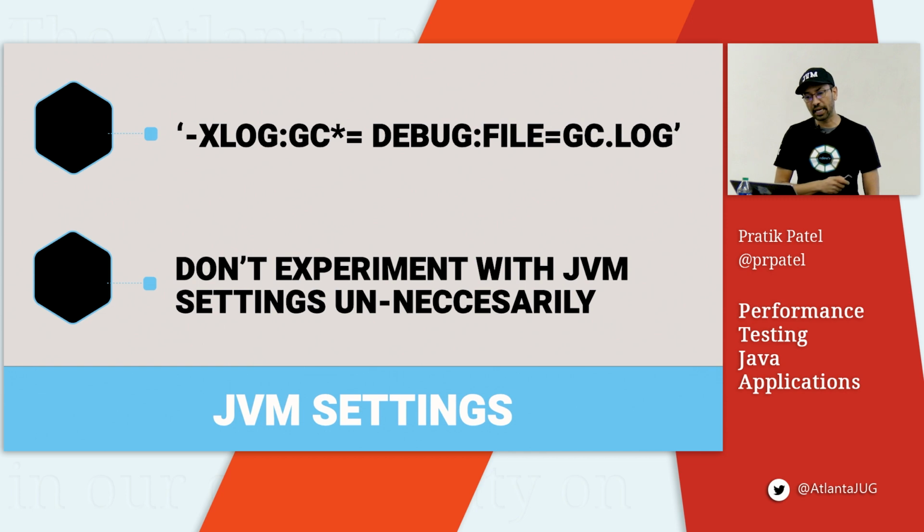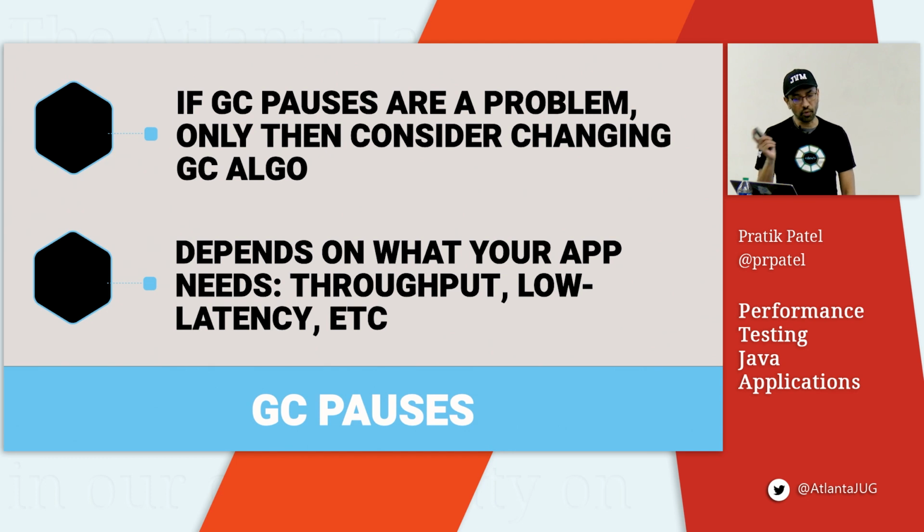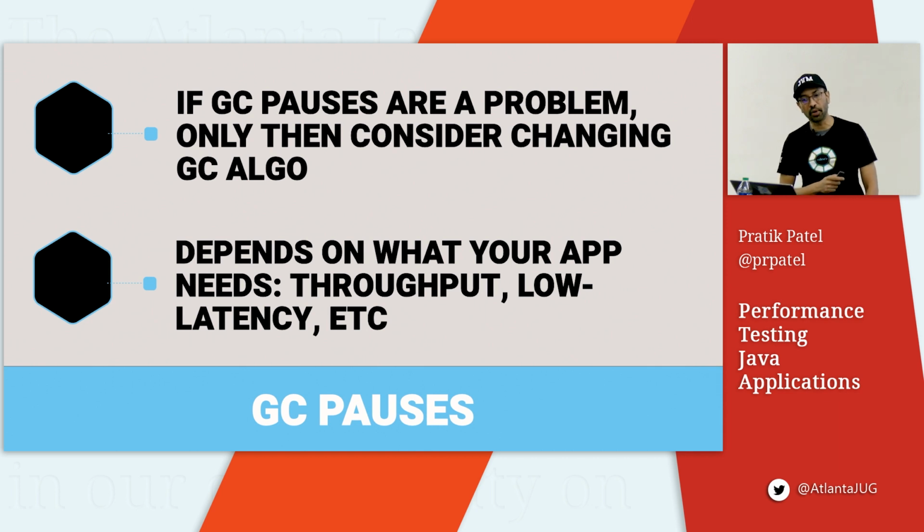We talked about how to set GC file logging, looking at perf data. We've already done most of this. We can consider changing garbage collection algorithms. There are different ones that will work for different types of applications, whether you're looking for throughput, low latency, etc. Does anybody set their garbage collection algorithm to what's not the default in their VM?